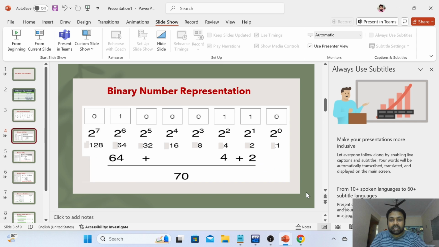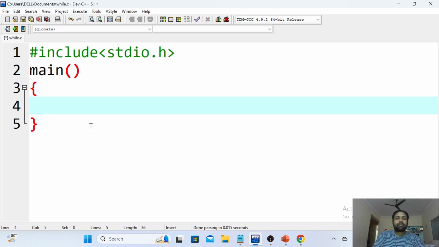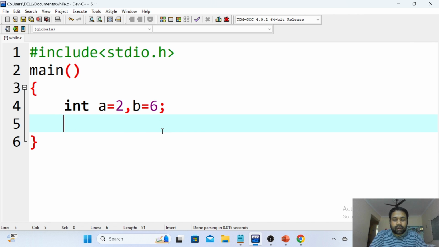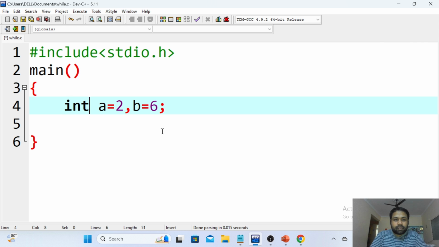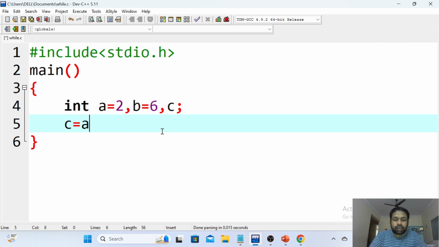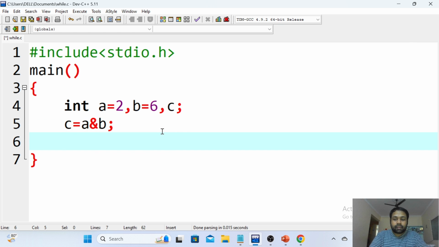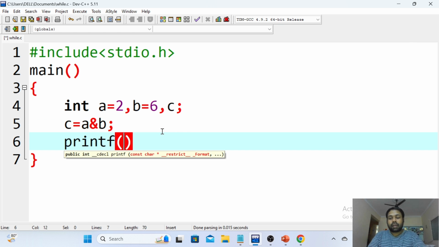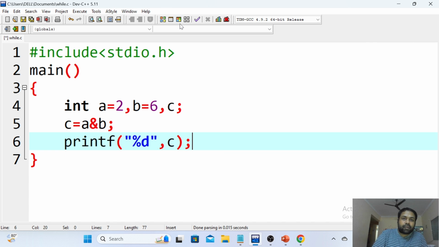You see this in a real time example. I am writing int a equals 2, b equals 6. These are the values given, right? Here I am taking one more variable, c equals a and b. Printf, I am printing only the c value, percentage d comma c, and see what is the output I am getting.